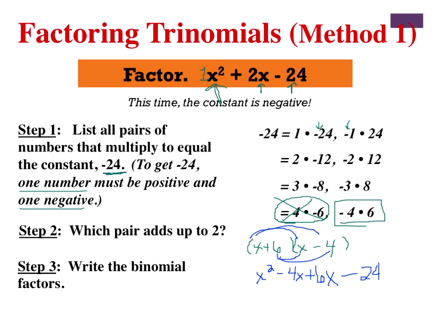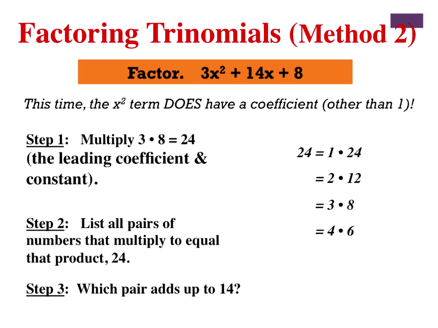And a negative 24. Okay, and there's where our negative 4x and our positive 6x combine together to make a positive 2x. X squared plus 2x minus 24. Okay, so that works out.